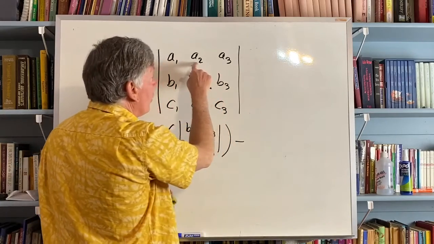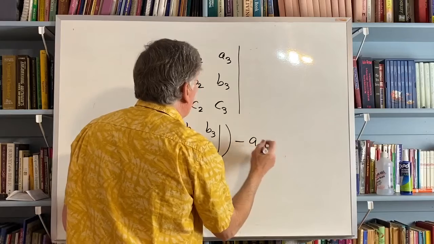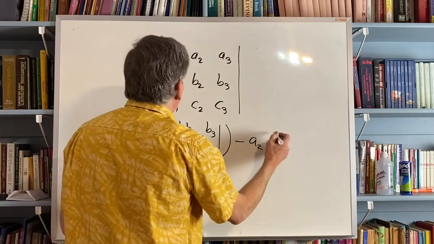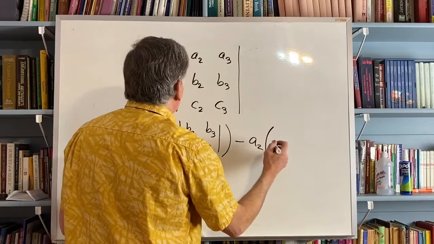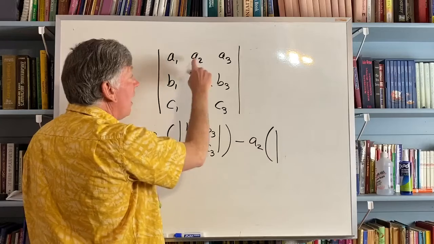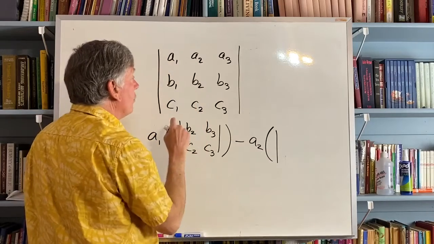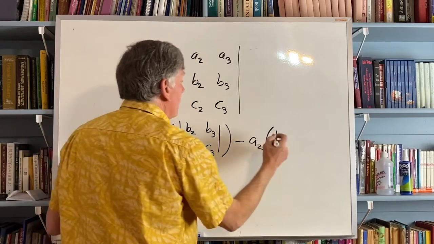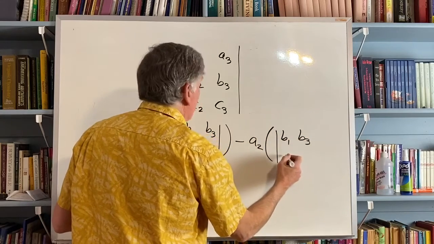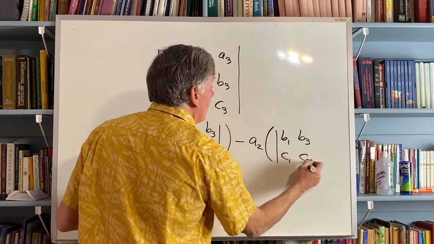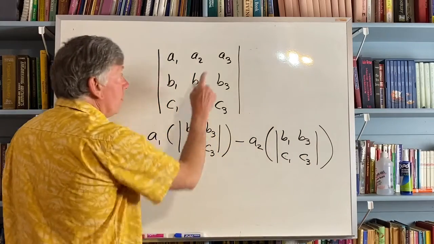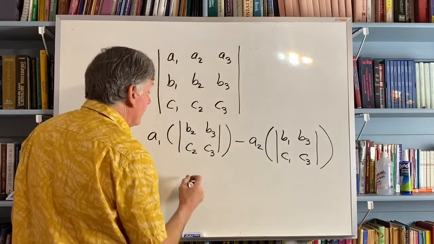Minus, now I'm going to go to A2, and I'm going to block out the row and the column that it's in, and write it as times the determinant that is not in the row and column that A2 is in. That'll be B1, B3, C1, C3, close that parentheses. Then for my third one, I'm going to add it again.